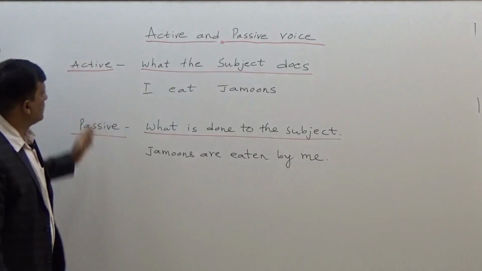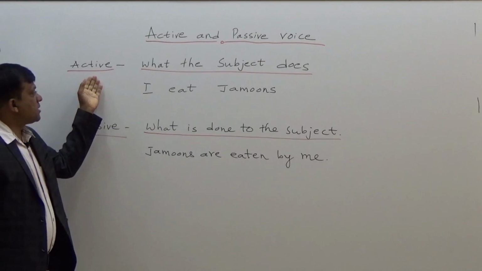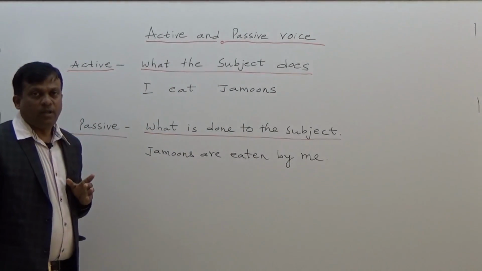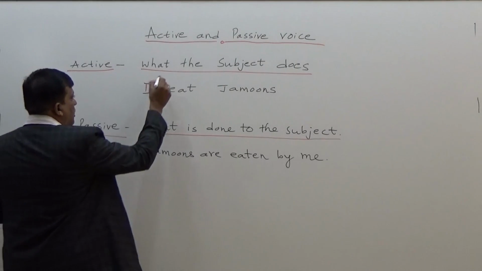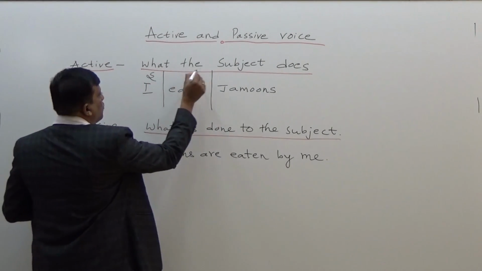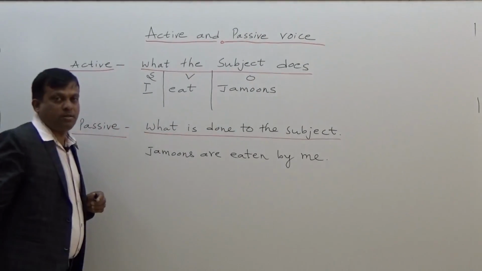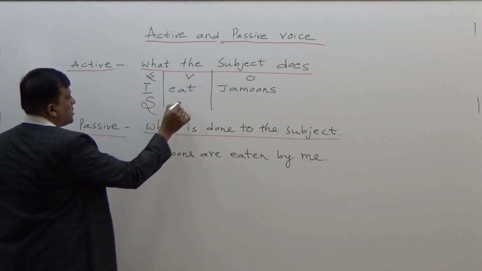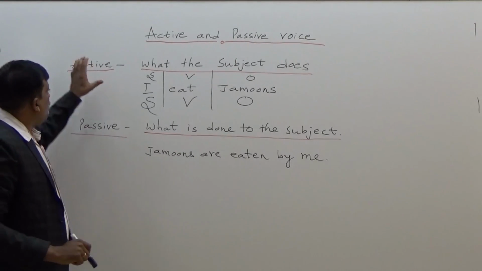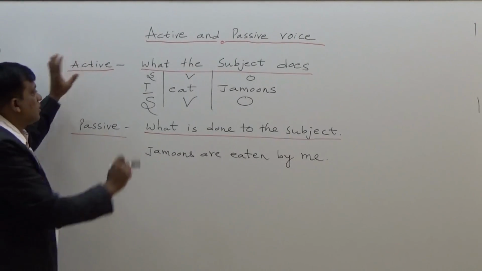Now, first one. Active voice: what the subject does. Normally, in a sentence, you have the combination of subject, verb, object. So, it is subject, it is verb, it is object. What does active voice define?